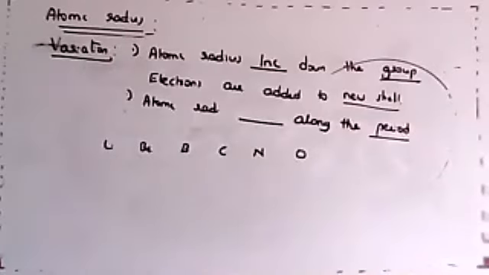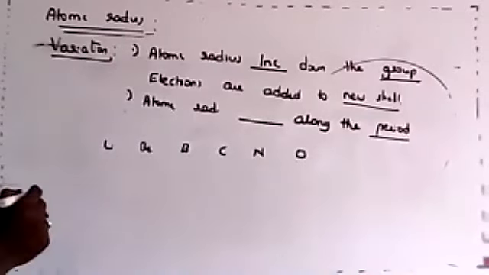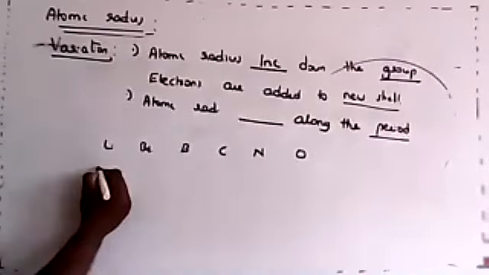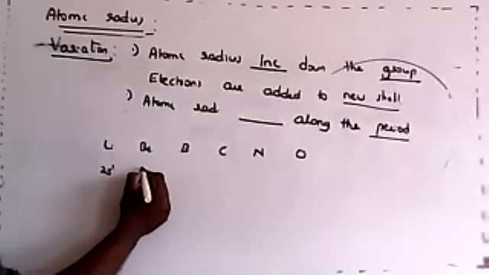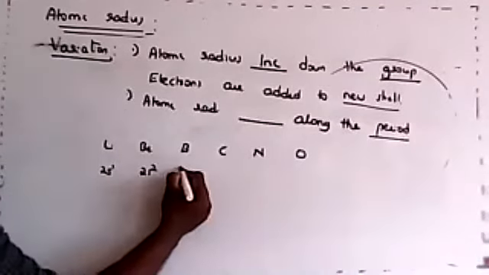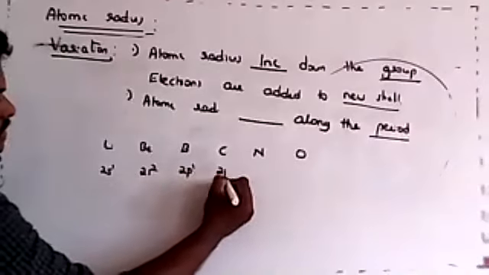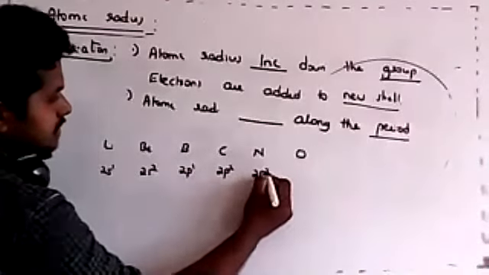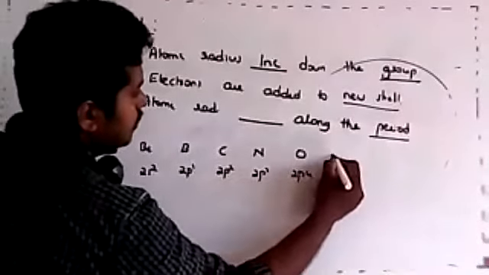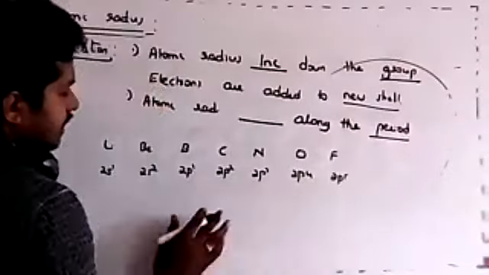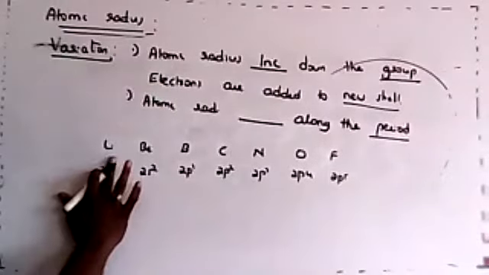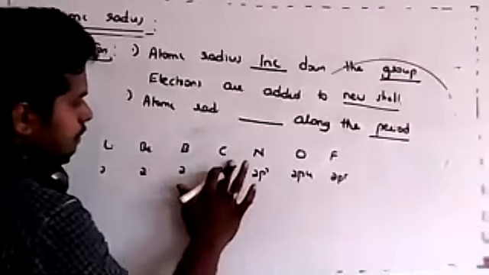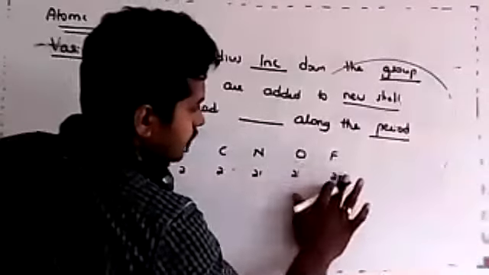What would happen along the period? The configurations again I'll write: 1s2 2s1, this is 2s2, this is 2p1, this is 2p2, this is 2p3, this is 2p4, and fluorine is 2p5.